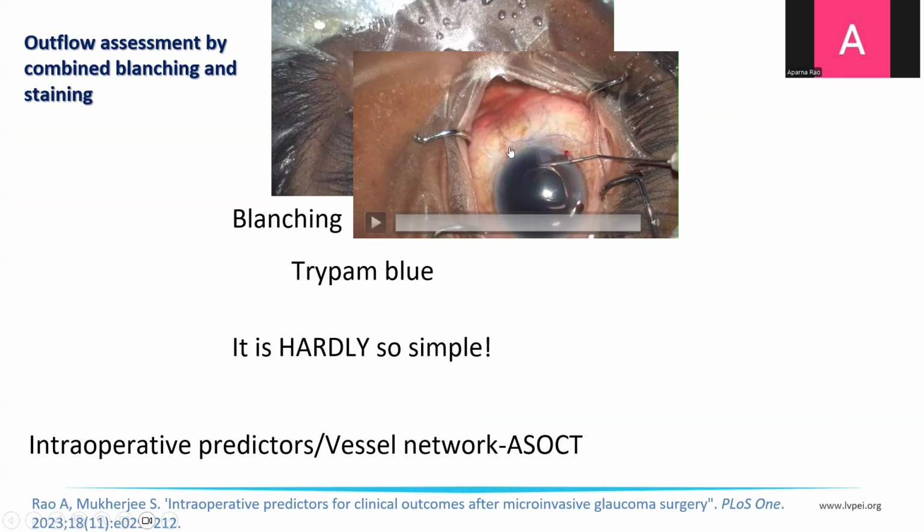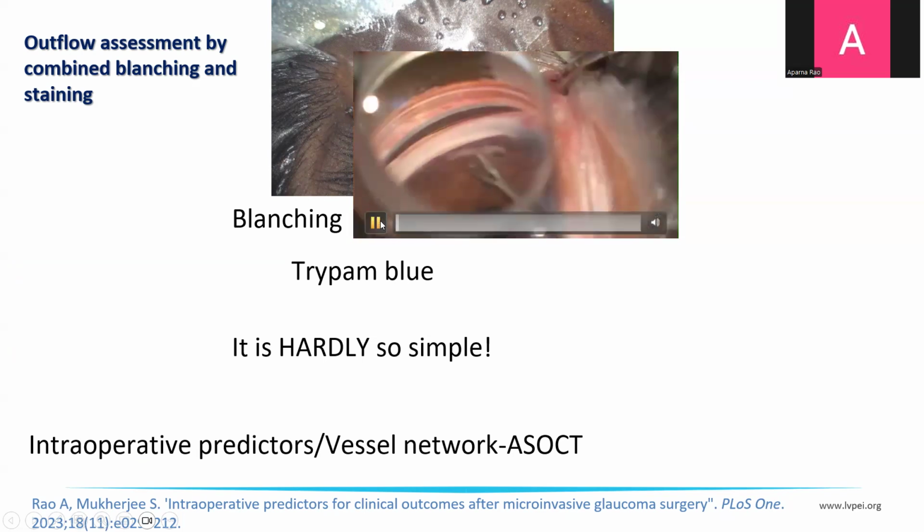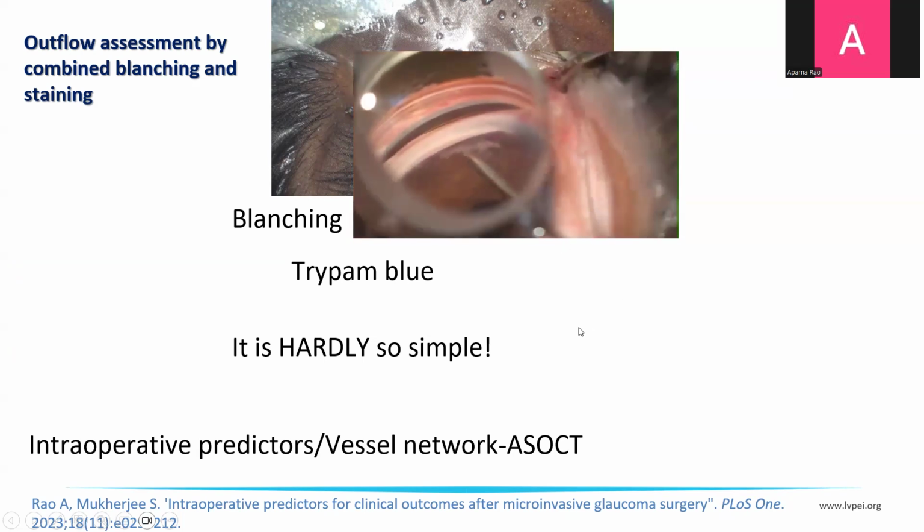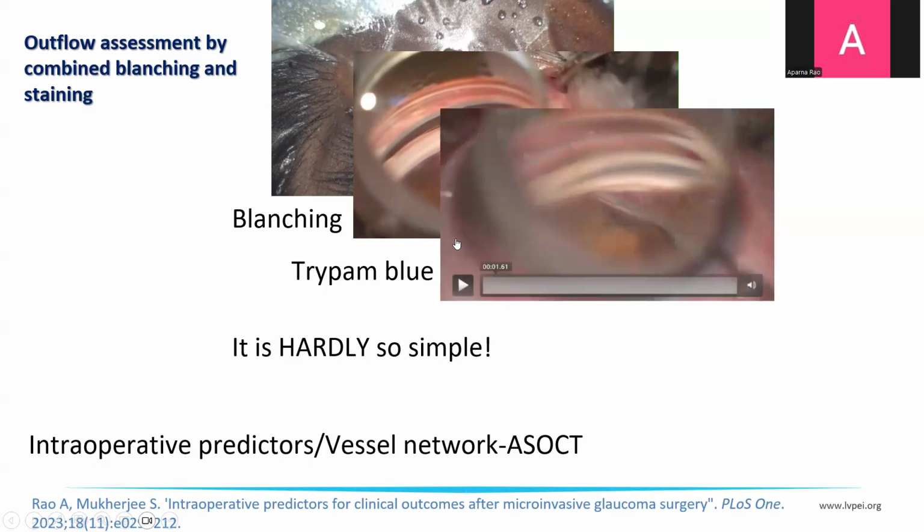But important to note that while the blanching and the staining in this video correlate and happen in the same area, the blanching and the staining pattern is rarely simple as seen in this case.